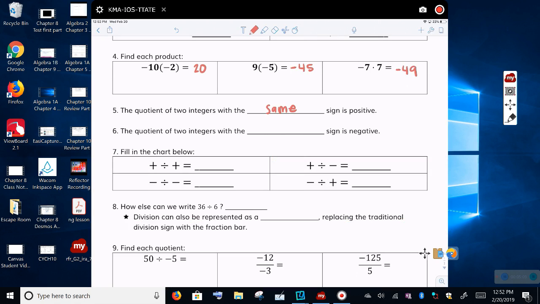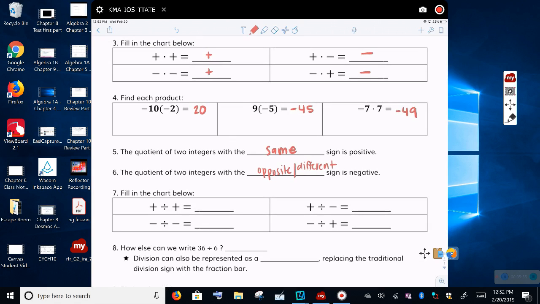They were opposite or different. So negative, positive, positive, negative. Okay, we're going to look here. Go ahead and fill in that chart. You could also just look at the one right above because we're using the same rules. Same signs, positive.